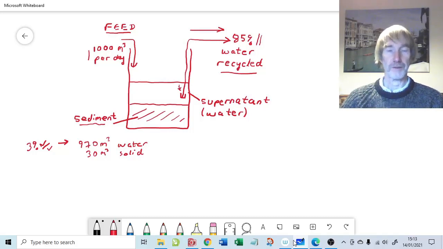Okay, so it's a 3-day cycle. So day number 1, material is put in here and it sediments, followed by sucking the liquid out. Then day number 2, material is put in here, same process, and material is sedimented out. And then finally day number 3 is the last batch, and sure enough the tank's going to become too full to carry on.